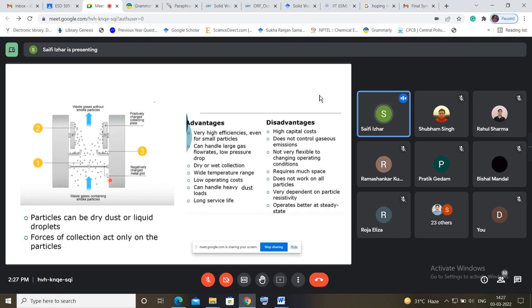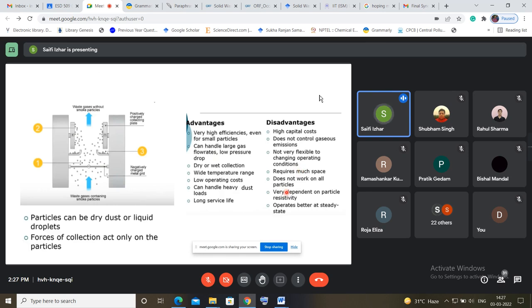And we have said that the force of collection acts only on the particles, not on the gas. So this electrostatic precipitator is not going to do anything for the gas. It also requires much space. Usually this setup is very big in size, so for small scale industries it is not used, but for larger scale industries it will be.